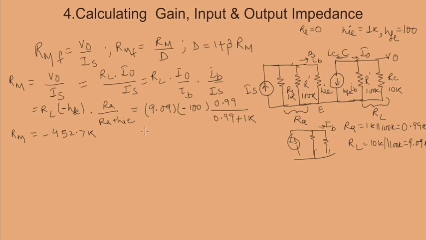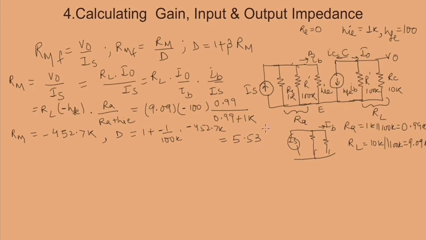Once we have the value of Rm, we can calculate the value for D, which is 1 plus beta times Rm, that is 1 plus minus 1 by 100K into minus 452.7K, and this will give you the value of D, which is 5.53, right?